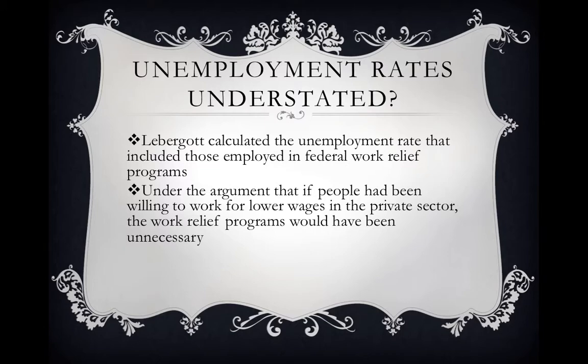So what Lebergott does is he includes those people who have worked on those public works projects as technically being unemployed. They weren't. The only reason they were employed is because they were employed specifically in these work creation projects.